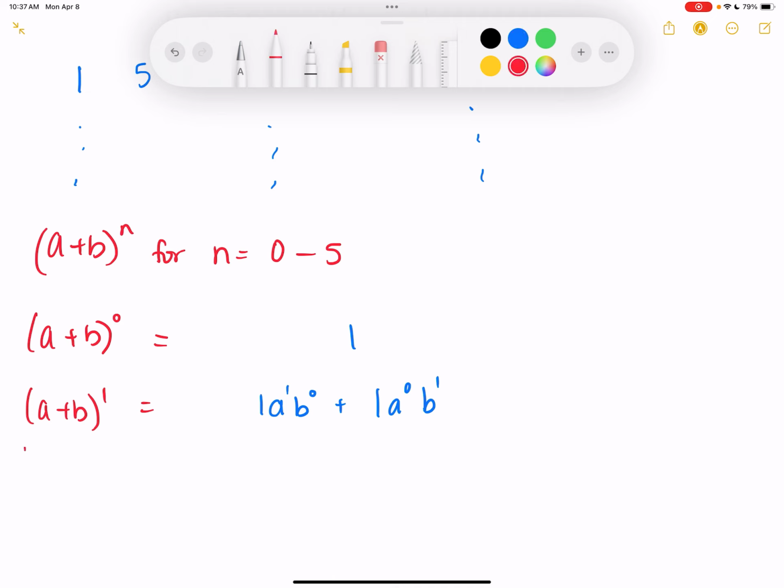Then if we had a plus b squared, we would have 1a squared b to the 0, plus 2a to the 1 b to the 1, plus 1a to the 0 b squared. So notice I've got 1, 1, 1, 1, 2, 1.